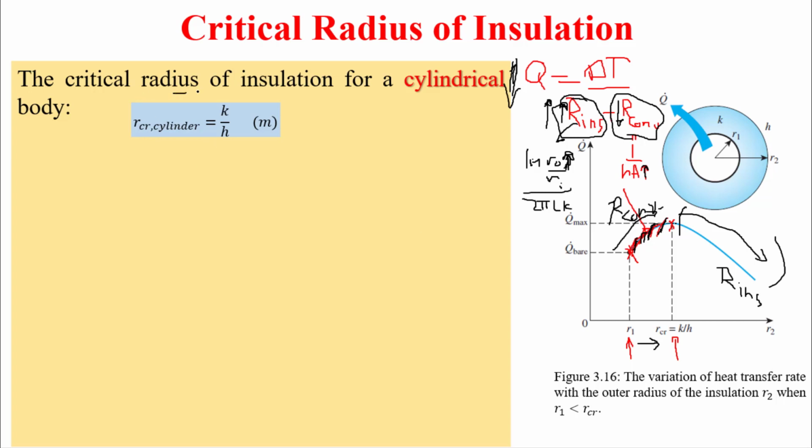So the critical radius of insulation for a cylindrical body is equal to k over h. This is a law we need to memorize. R critical for cylinder.